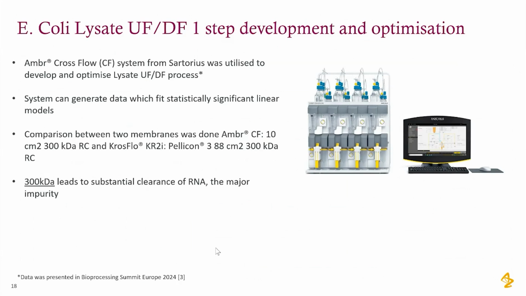We found that 300 kilodalton membranes lead to substantial clearance of RNA and RNA impurity, which is a major impurity in our lysates. And we have successfully transferred our developed TFF conditions from 10 centimeter squared membrane from Ambr to the crossflow system on Hydrosart 88 centimeter squared membranes.